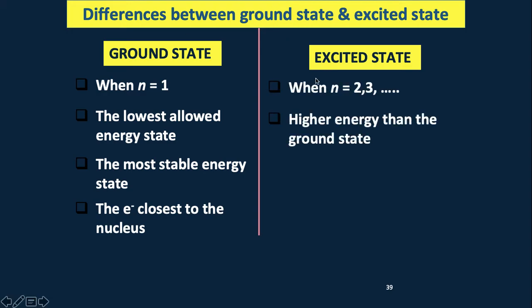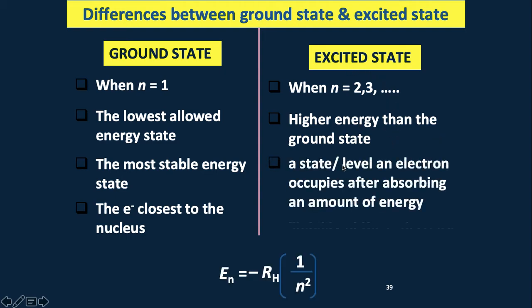Excited state is when n is above 1, that is 2, 3 or infinity, with higher energy than the ground state. The excited state is the state or level an electron occupies after absorbing an amount of energy. And in the excited state, the stability of the electron decreases.